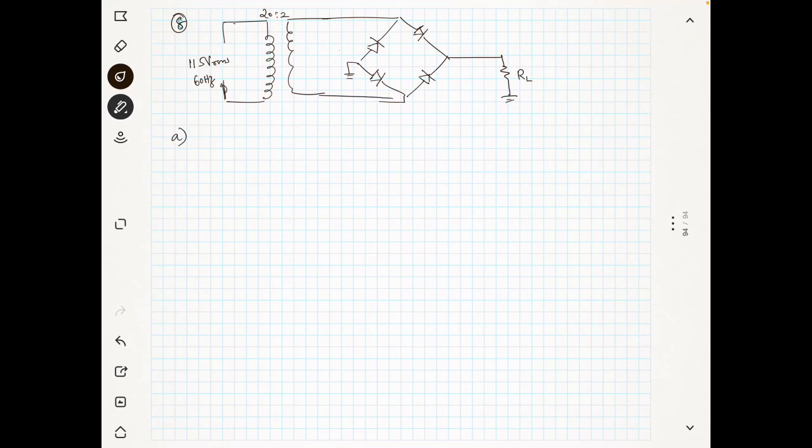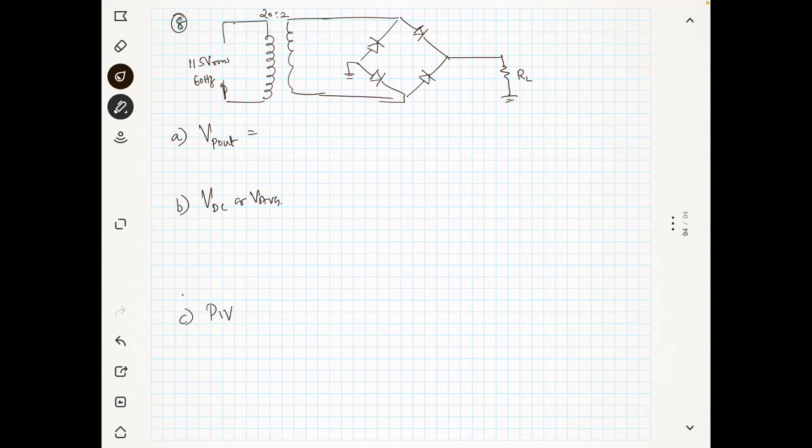That means the maximum output voltage, Vp out. The second part of the question, what is the average output voltage? VDC, or we can say V average, both are same. And the last part of the question is the peak inverse voltage.